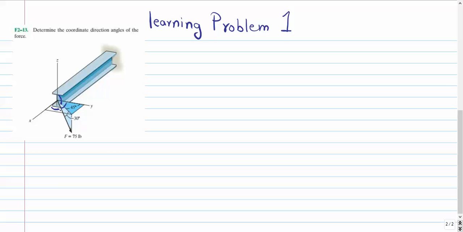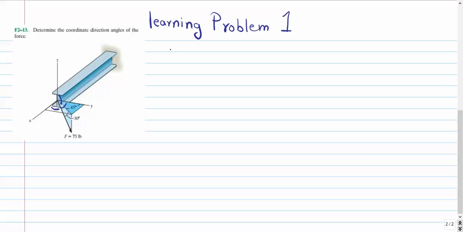Okay, so let me first write down the formula that we will use, and this formula is a very useful formula that we will also be using in other questions relating to this topic. I'm going to write down three formulas. First of all, the formula for a unit vector.